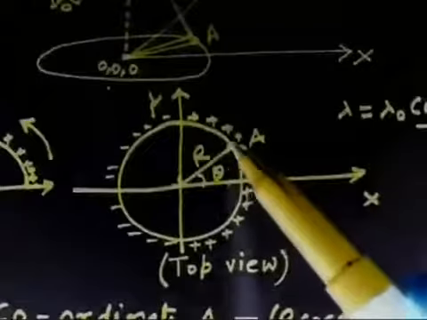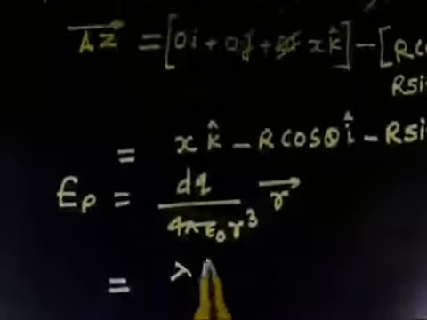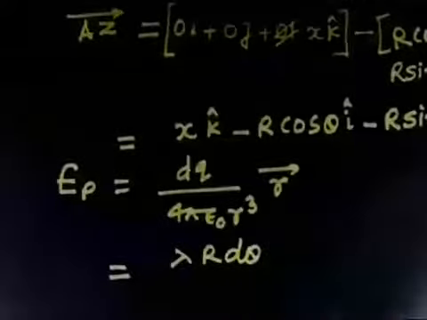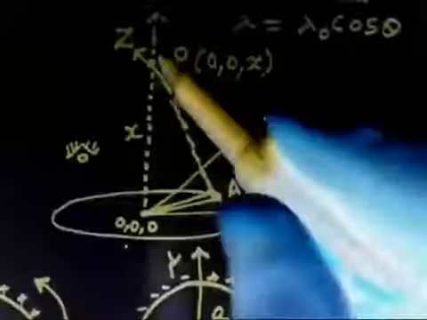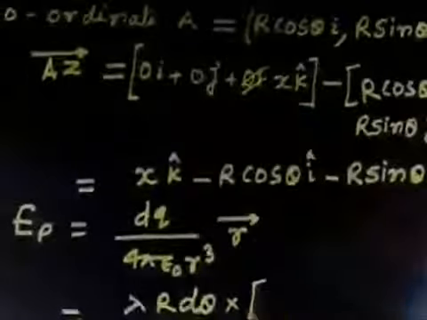Now dq is what? dq is nothing but lambda into r d theta. So lambda into r d theta, into vector r, where vector r is nothing but this vector AZ, which we have already written.